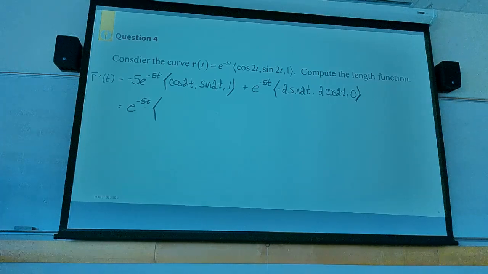E to the negative 5t is common, so factor it out and combine the two vectors.